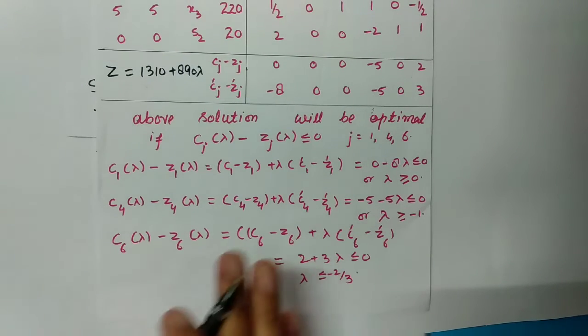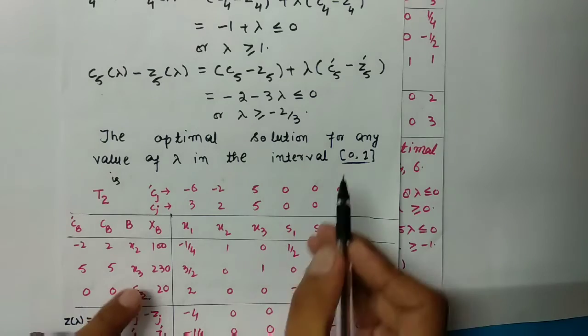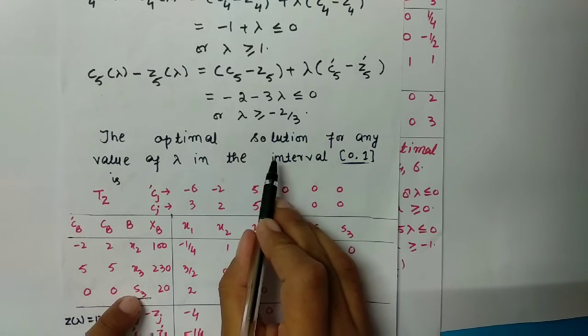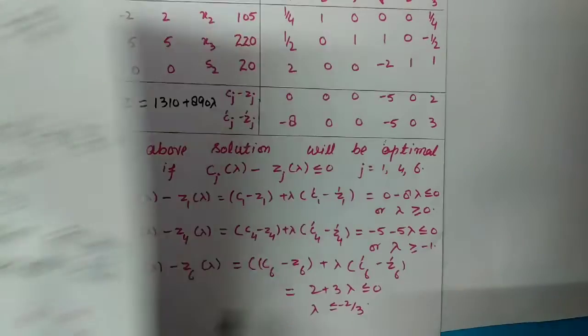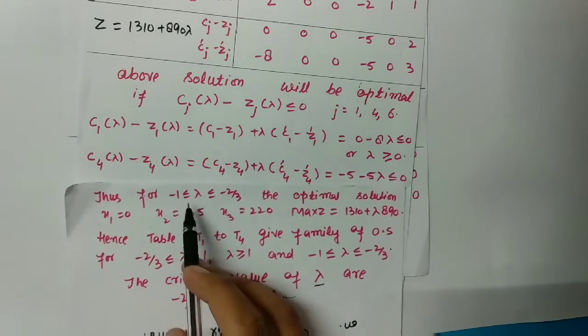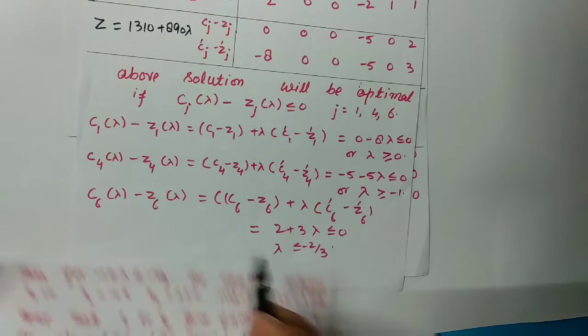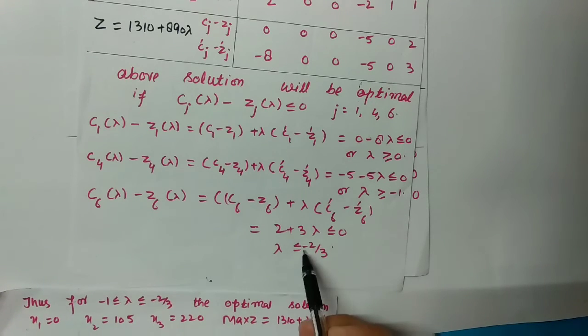Now I checked the value of lambda for the left hand side of this interval and the right hand side of this interval. So for lambda less than or equal to minus 1, here I get the value of lambda, that is minus 1, and the highest value is minus 2 by 3.